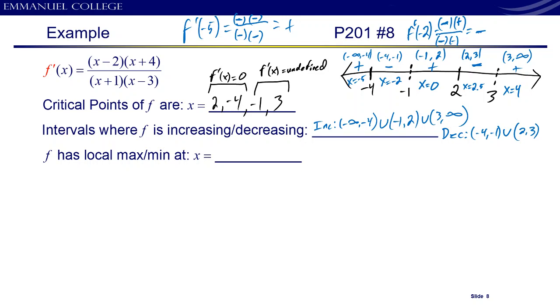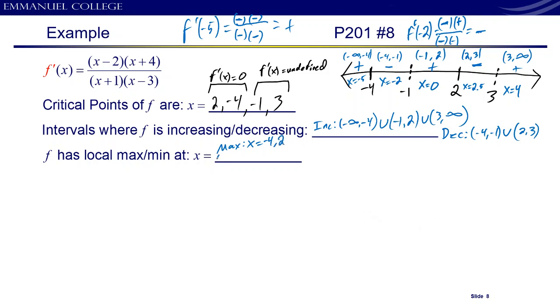So where is it going to have local extrema? We'll start with maximums again. So we'll have a maximum at x equals, remember, a max is where it goes increasing to decreasing. So it goes from positive to negative. So that's at negative 4, because we go plus to minus. And then also at 2, because we go plus to minus.